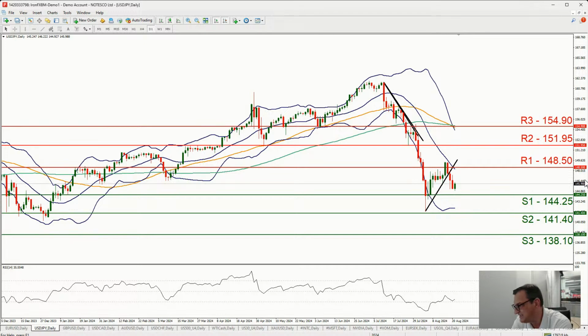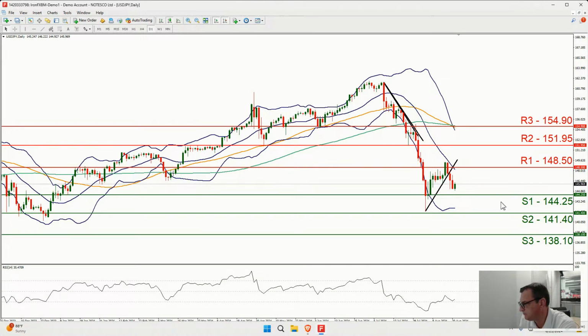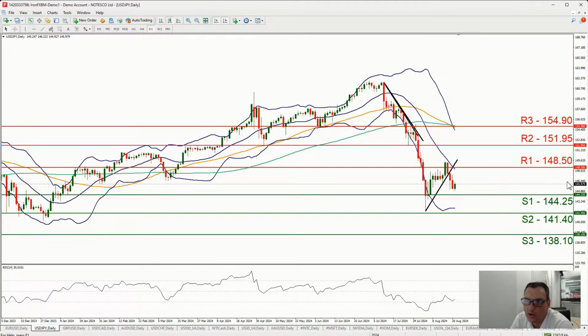So we may be seeing the price action of USD/JPY moving upwards, yet remaining within the corridor set between the R1 at 148.50 and the S1 at 144.25 in a sideways motion. Such a scenario would allow, especially if the R1 is tested and holds its ground, for a sideways motion bias emerging.